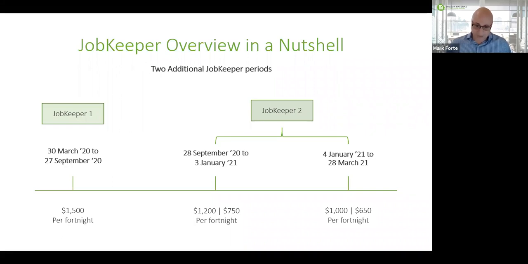On a lower rate, and we'll get through lower rates a bit later on, a part-time employee, for example, enrolled right from the very start, would receive $28,650 right through the JobKeeper period. So it's a very generous subsidy that the federal government has provided. I thought that was interesting when I crunched the numbers.